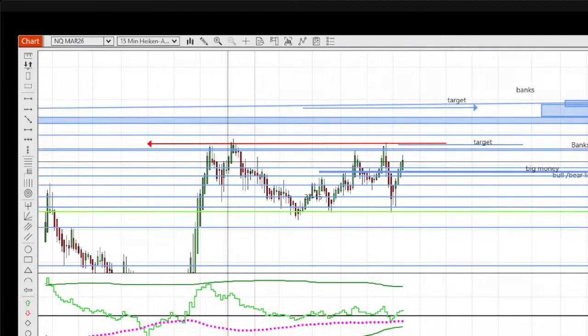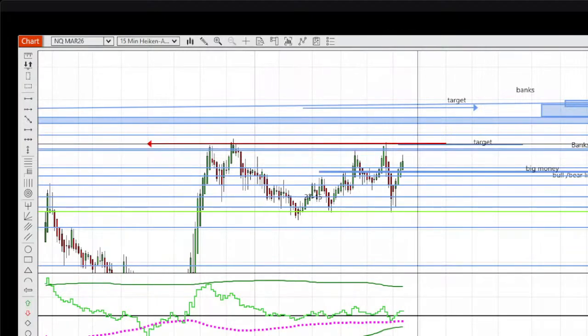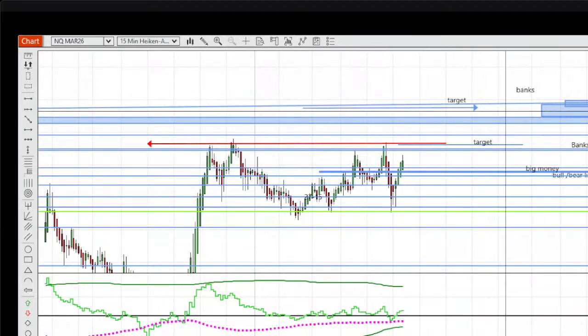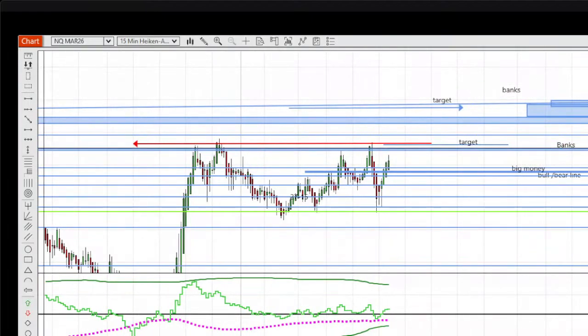If you look back, guys, we've been staying between the bull line and the bear line. You guys see this? Bear line, bull line, bear line, right? So it's almost like one big giant consolidation through here. Even though the market's moving, that's kind of shitty really, but it's moving, right?